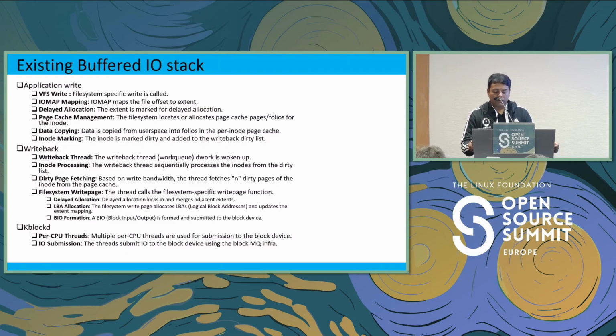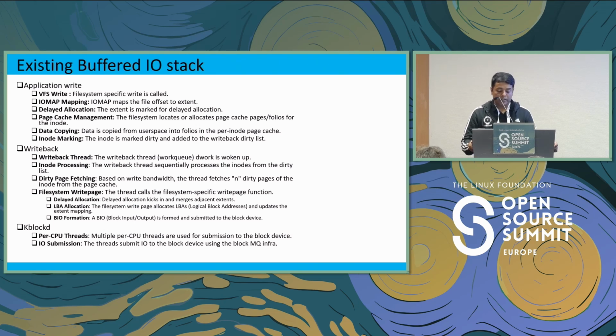Now the file system specific write function invokes the IO map functionality. Depending upon the file system block number, IO map fetches the extent of the file, and in that extent we get the information whether the disk block is already allocated or not. If the disk block is not allocated, it is marked for delayed allocation, and the delayed allocation happens at writeback time, which we'll see in the next thread.